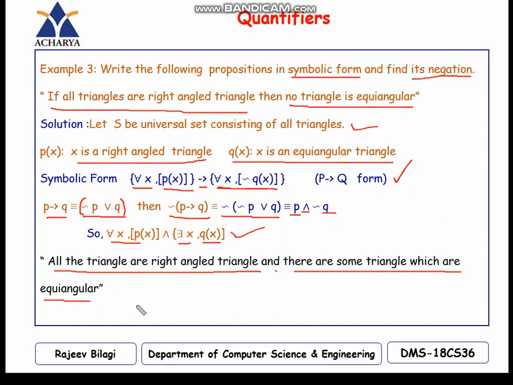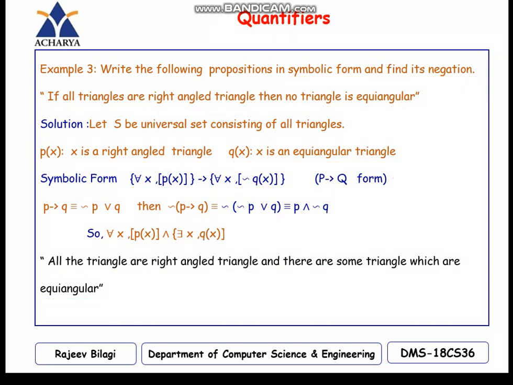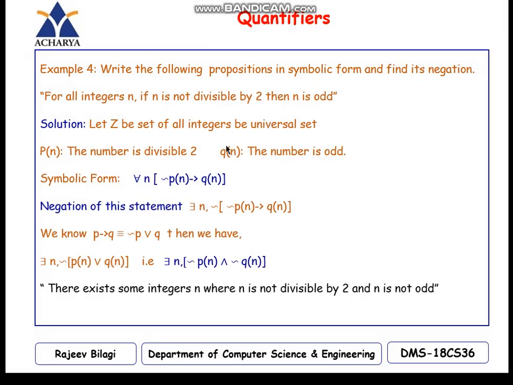So this is how we are going to write down certain statements which are true. Okay, we'll see the next one. Another one: write down the following propositions in a symbolic form and the negation.